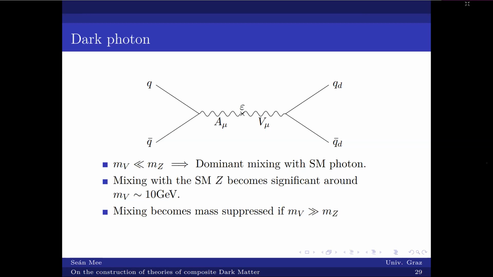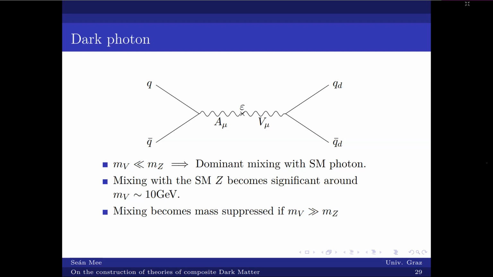And there are actually some papers on exactly this. So once you have this portal with the standard model, how small does epsilon have to be to ensure that the 3 to 2 is the primary number changing process and not this? It's around 10 to the minus 3 or 10 to the minus 4. If it's that significant, then this becomes a significant player in relic density computations.